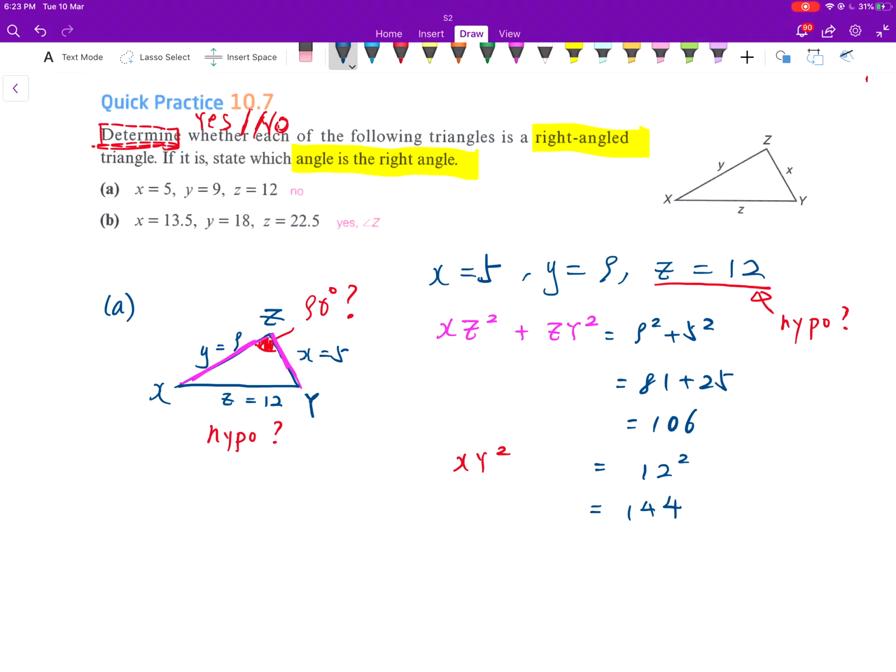So you can see that 106 does not equal 144. So we say because xz squared plus zy squared does not equal xy squared, triangle XYZ is not a right angle triangle.